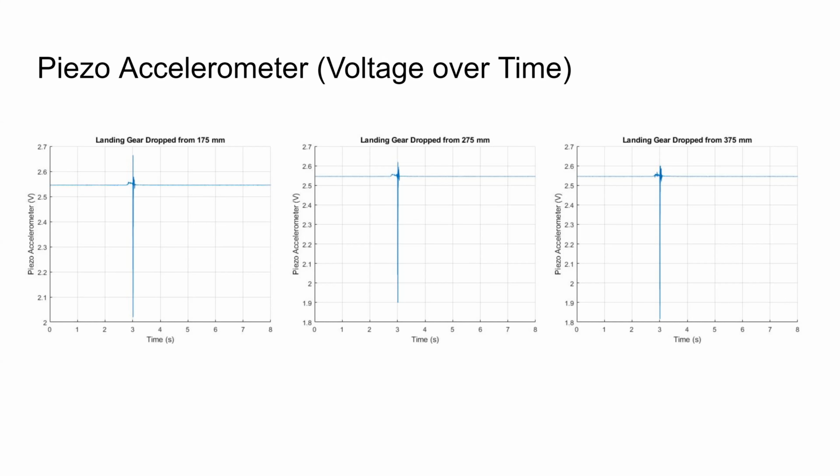At 3 seconds, though, we do see first the big initial uptick, which indicates the landing gear falling, and then the big negative acceleration, which indicates the landing gear hitting the table and then springing backwards. Next slide.